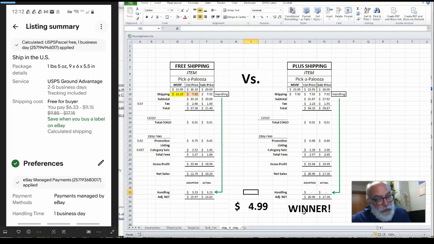And it certainly was easier for me to just list them free shipping. Now that I have this calculator, I should be able to do a head-to-head comparison on whether I should offer free shipping or plus shipping. And maybe it varies on the types of items. I don't know.